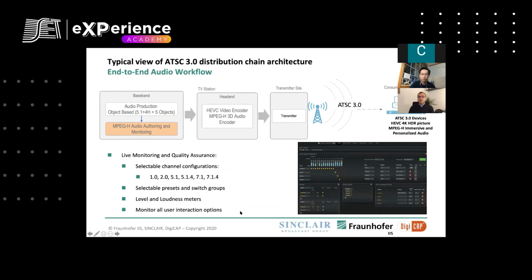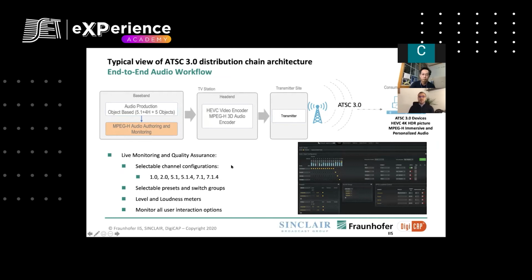So you want to switch live between stereo, 5.1, or a 5.1+4 immersive setup and monitor all options. And you might also want to monitor the different interactivity options that you offer to the user. You don't have to test everything all the time, but you have all these capabilities integrated for live processing. And nevertheless, the loudness monitoring is extremely important.